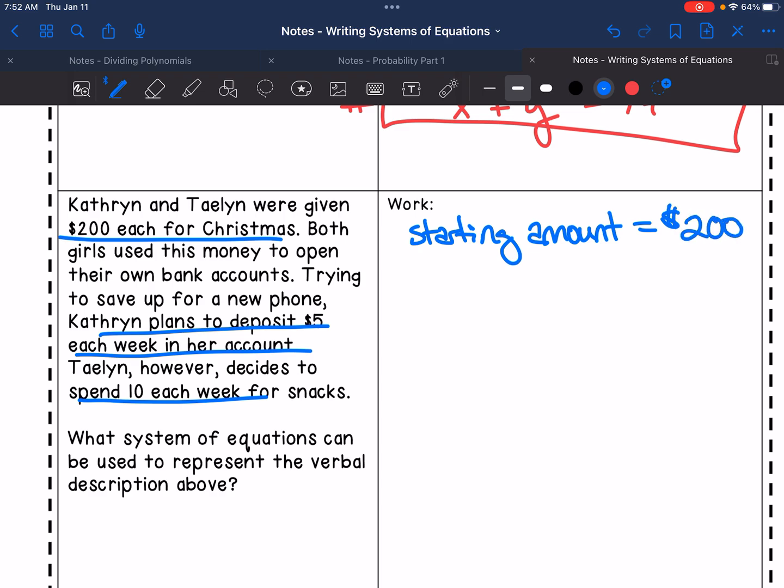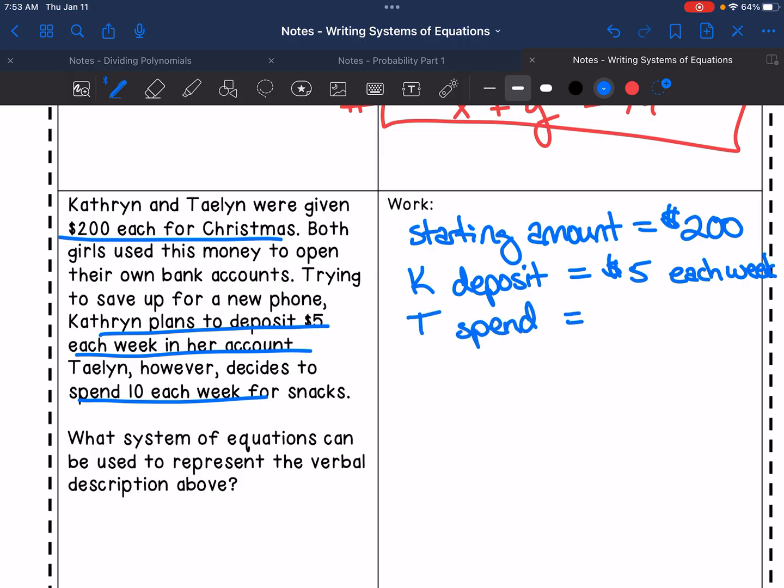Catherine is depositing $5 each week. Talon is spending $10 each week.